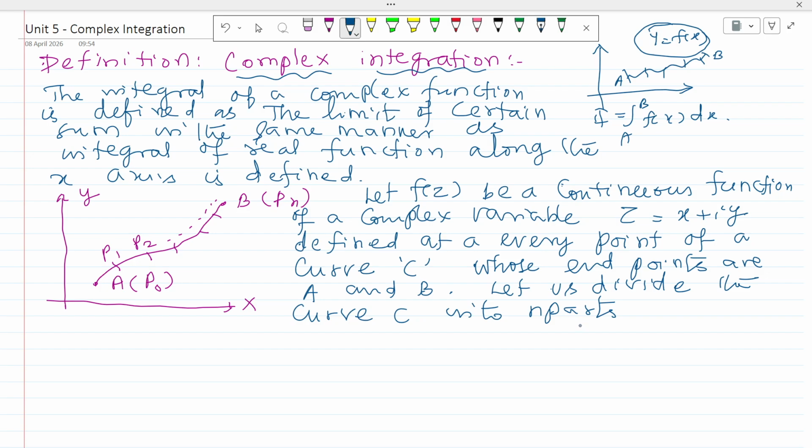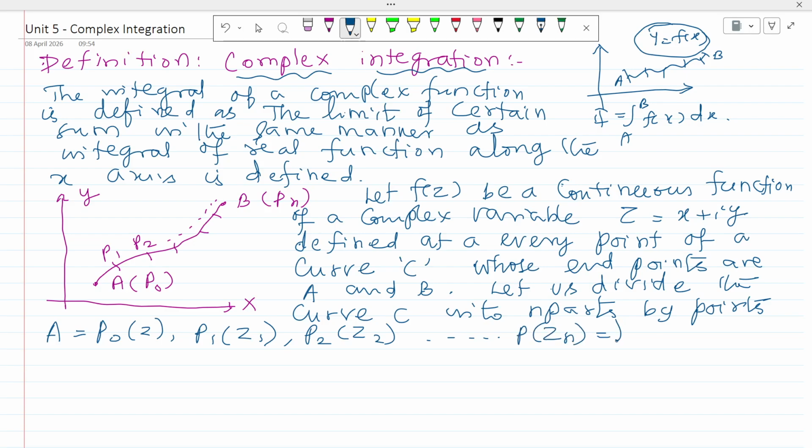So we are dividing the curve C into n parts by the points A equal to some P0, next point P1, next point P2, and then terminal point B. Terminal point is B.